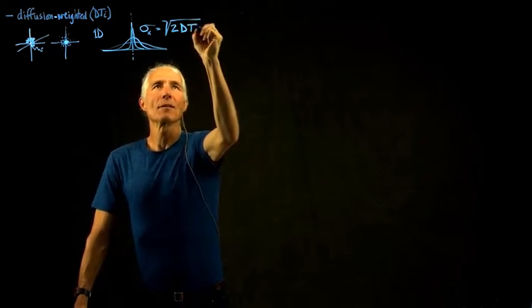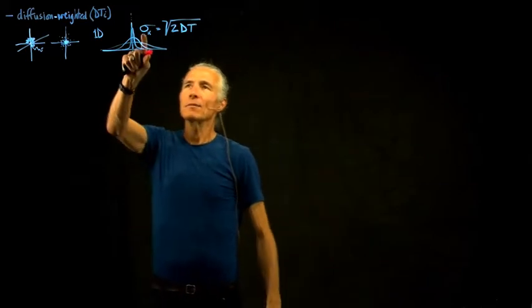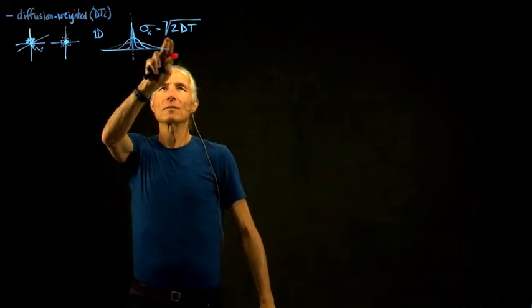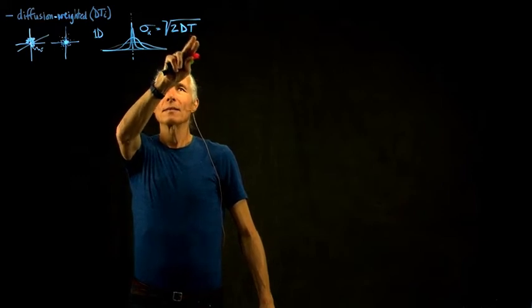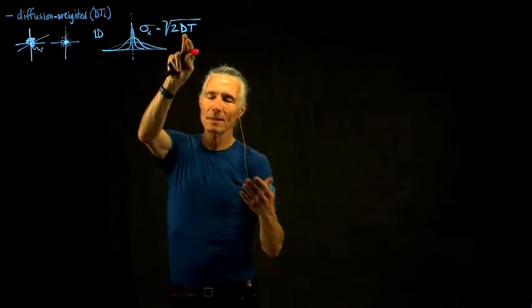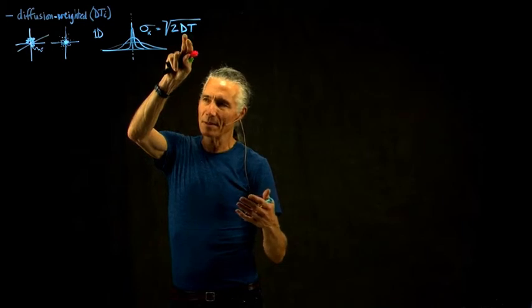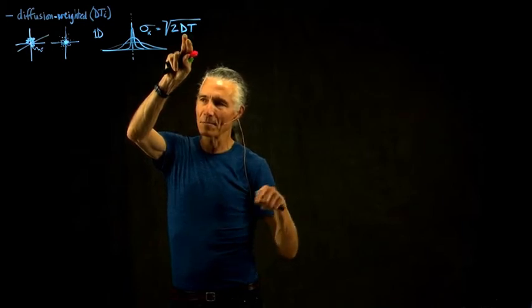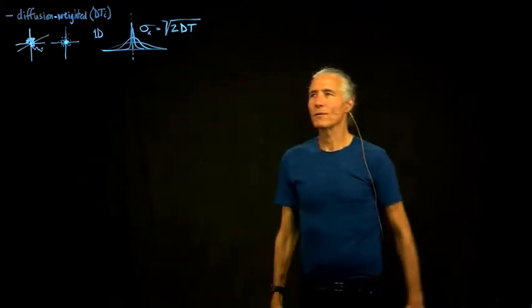So basically the width of that distribution will get bigger over time, and it will get bigger if the diffusion constant of whatever situation you're talking about is bigger, because particles will go faster. And then there's a 2 in there for 1 dimension.